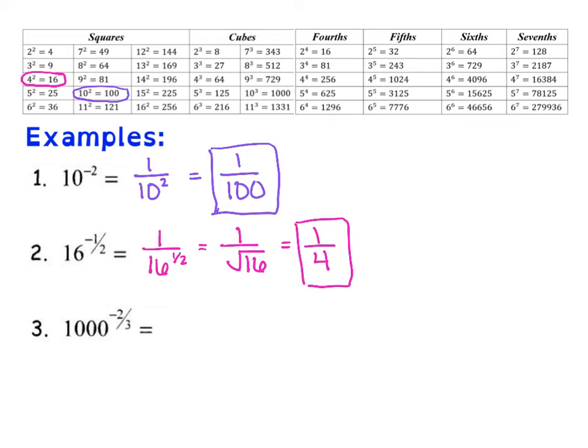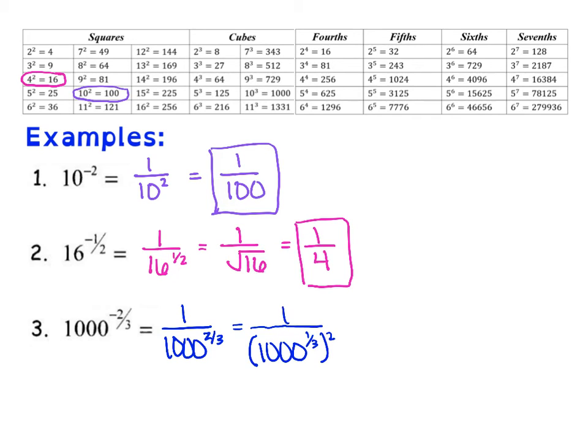Or my last one, 1,000 to the negative 2/3 power. I start by rewriting it as that fraction, 1 over 1,000 to the 2/3 power. And then I can look at that and say, well, my rule was I took out the 2, so it was 1,000 to the 1/3 power and then squared.